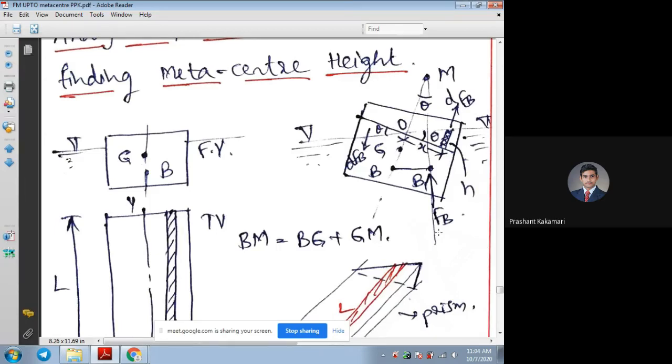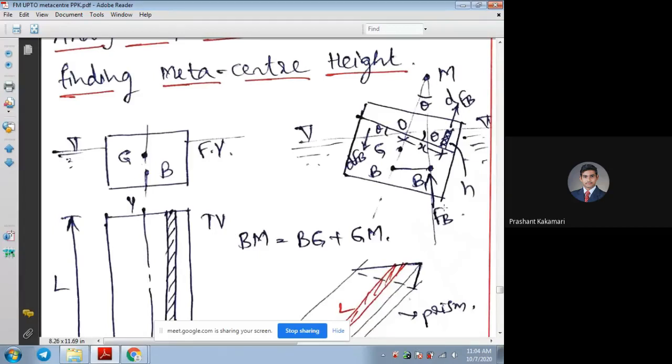Keep in mind that one ship is there. After giving some tilt, the buoyancy point shifts as per the submerging of the given mass. Submerging is more on the right side, so the buoyancy point shifts from B to B1. The force due to buoyancy also shifts from B to B1 in the upward direction, which is the resistance of the liquid.